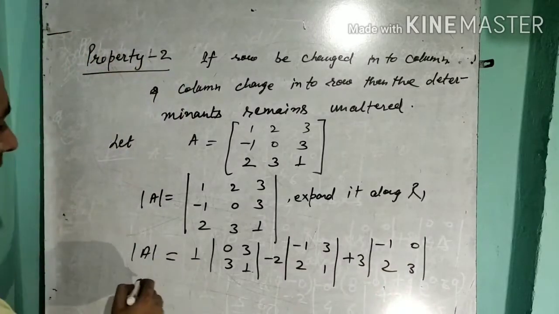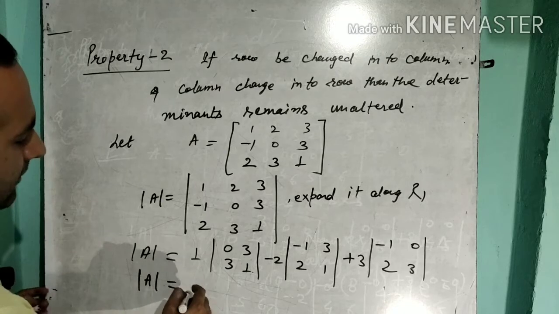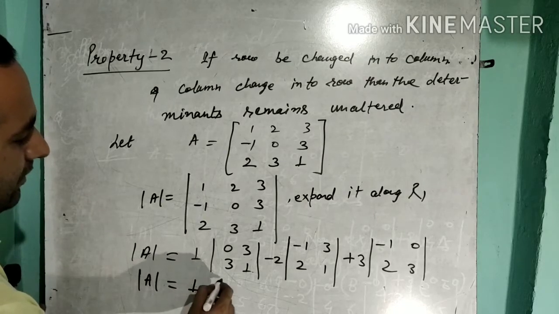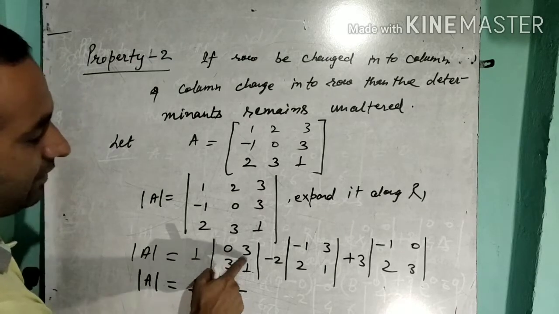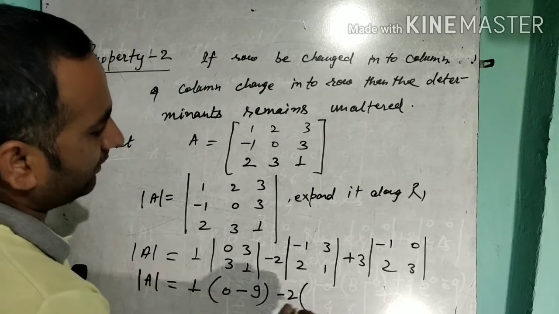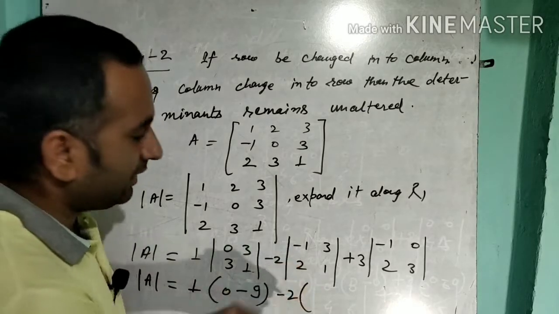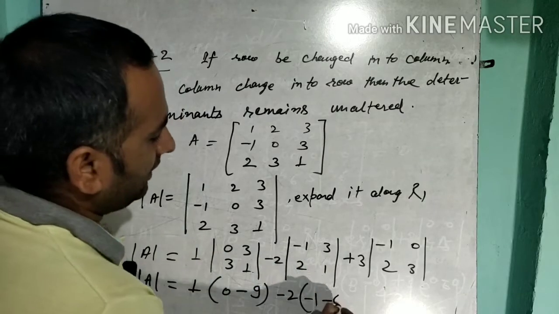Now determinant of A is, first we take 1 multiplied with 0, this gives 0, and minus 3 multiplied with 3, this is minus 9. Then minus 2 times, 1 multiplied with minus 1 is minus 1, and minus 2 multiplied with 3 is minus 6.